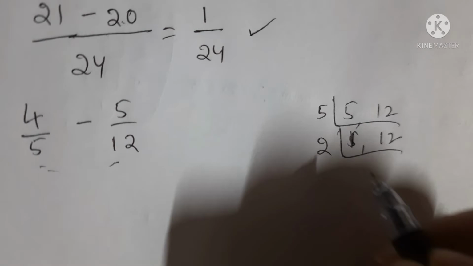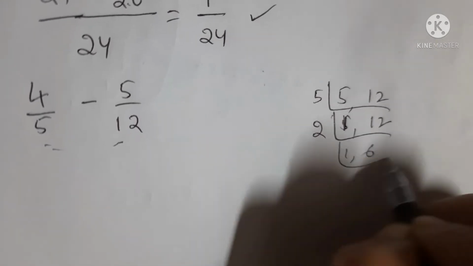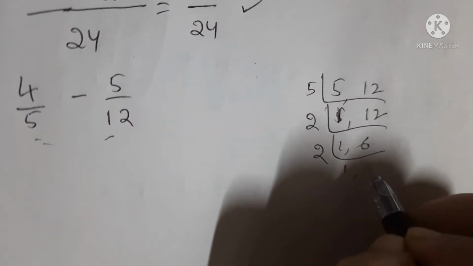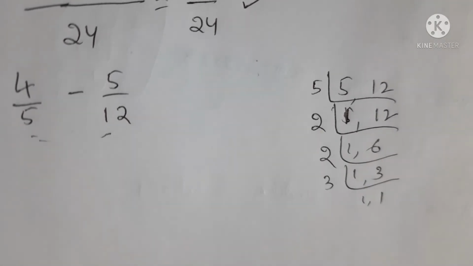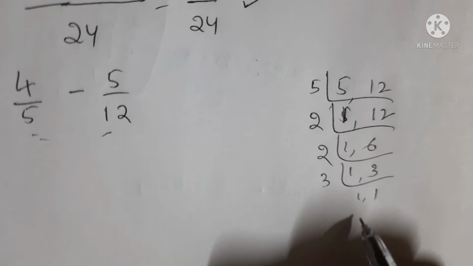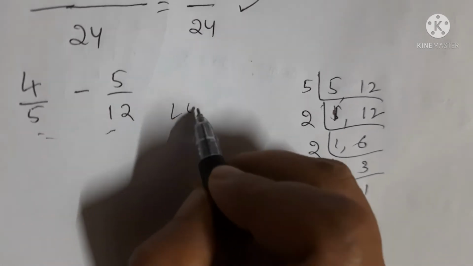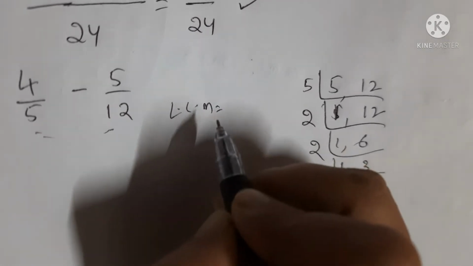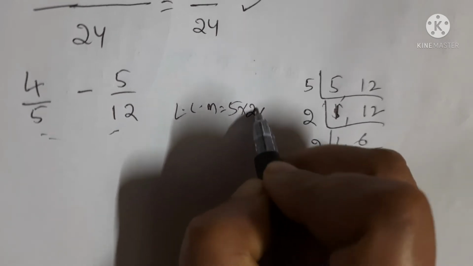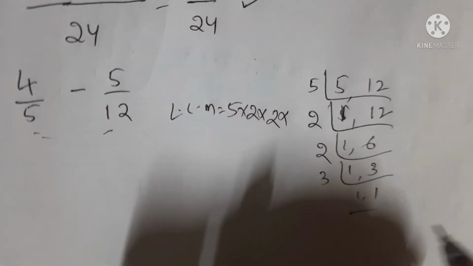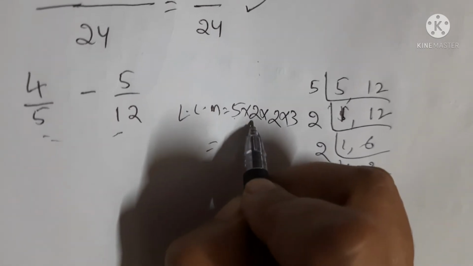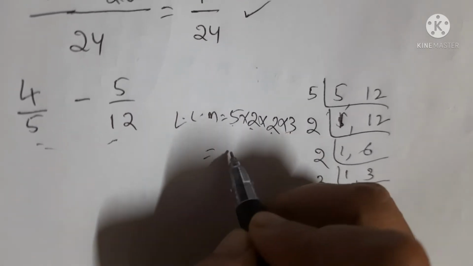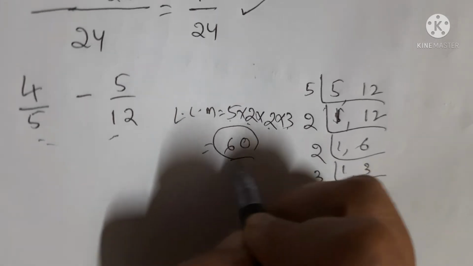Next with the 2 table, 2 6s are 12, again with the 2 table, 2 3s are 6, again with 3, 1. Here the LCM is 5 into 2 into 2 into 3. 5 2s are 10, 10 2s are 20, 20 3s are 60. 60 is your LCM.